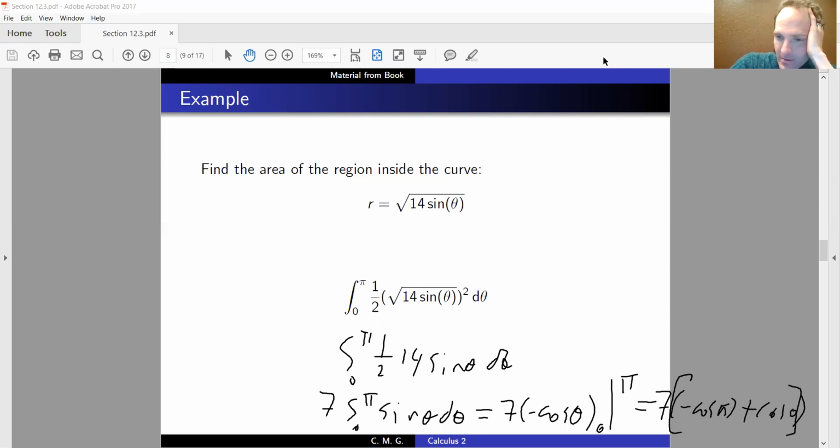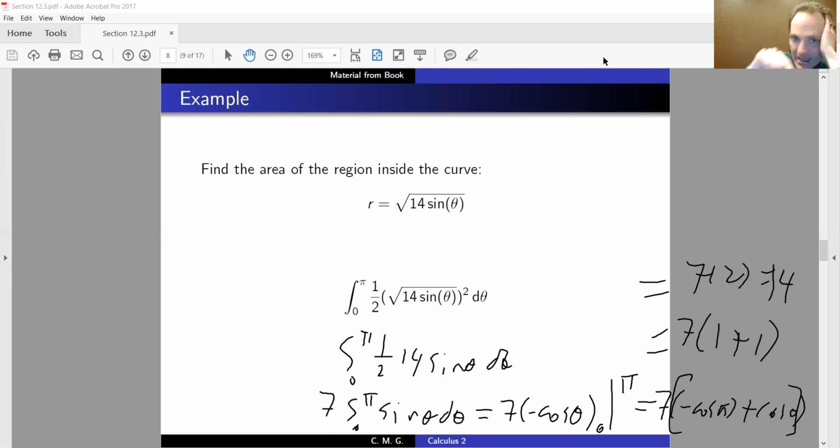I'll put the 7 out in front to make it a little bit easier. And so what I end up with here is cosine of pi is -1. So this is a positive 1. Cosine of 0 is 1. 7 times 2 is just 14. So the area inside of this curve, inside the region, is just 14. So it encloses an area of 14 in this case.